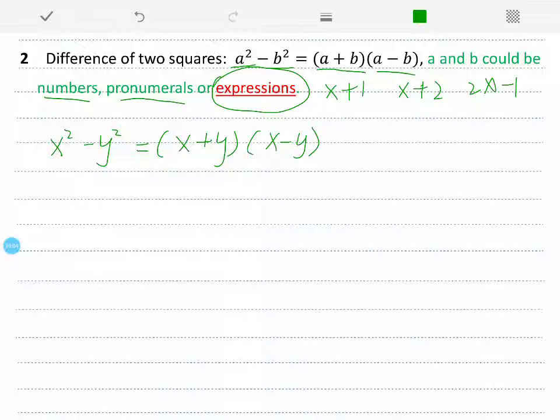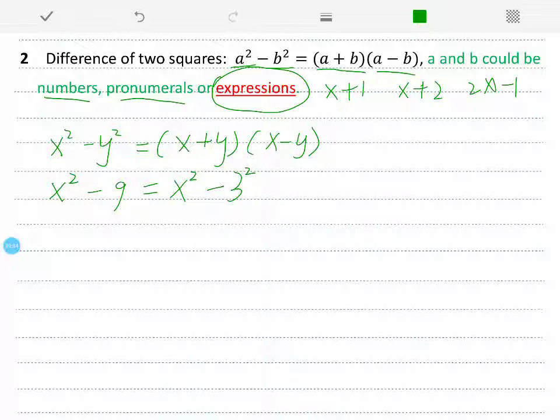If we include numbers, let's say x squared minus 9. At first sight, you see this one doesn't satisfy the formula, because the formula is something squared minus something squared, but 9 is just a number. So we rewrite the question as x squared minus 3 squared.